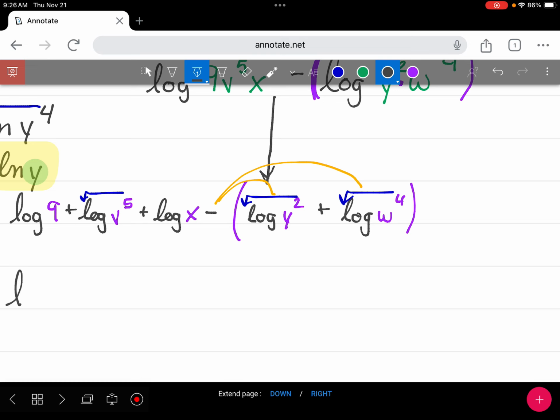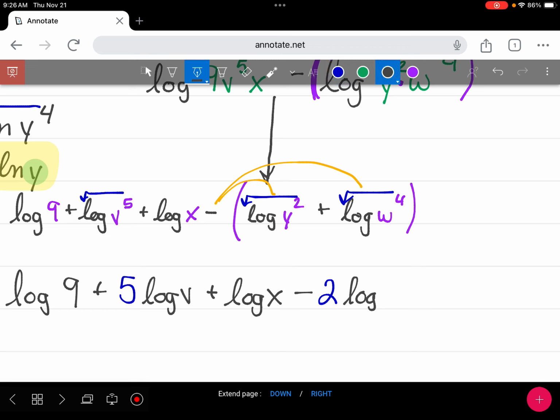We're going to have our log of 9, that one's not changing at all, plus 5 log of v plus log of x minus 2 log y minus 4 log w.